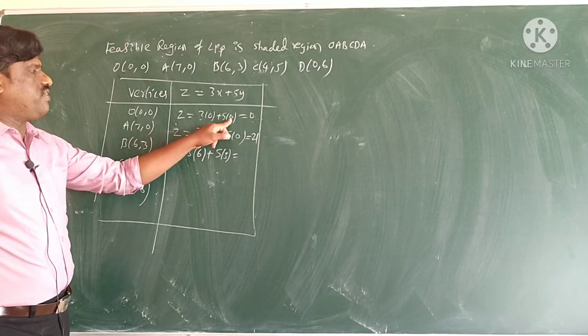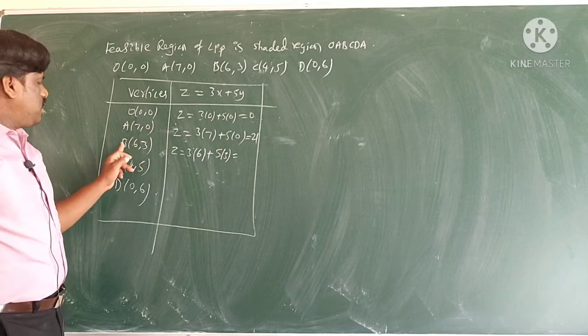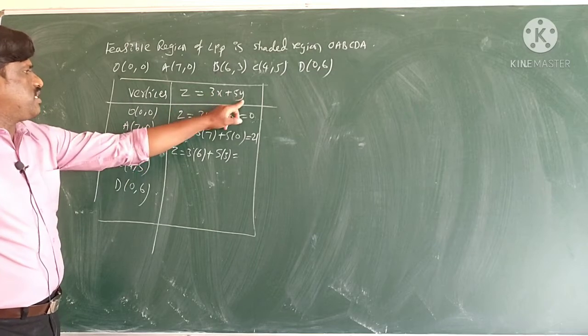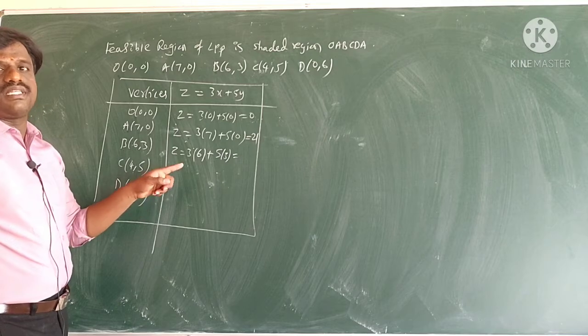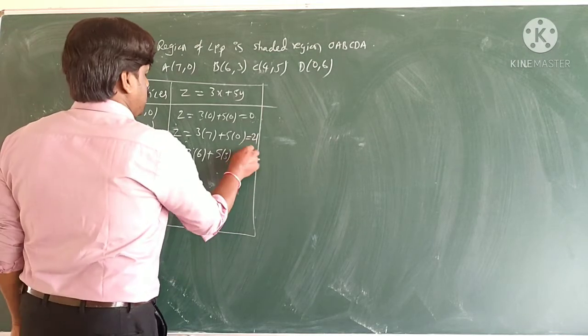So 3 into 0, 5 into 0, that is 0. If you substitute 7 comma 0, you get 21. Substitute 6 comma 3. In the place of x, 6, and in the place of y, 3. So 6 times 3 is 18 plus 5 times 3 is 15. 18 plus 15, 33. Right?